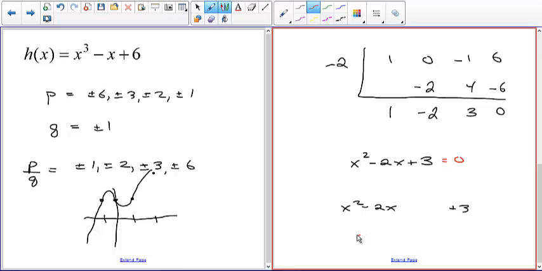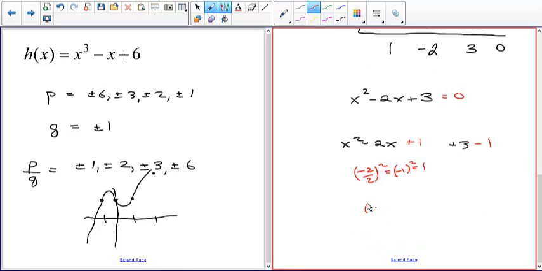We take the coefficient in front of x, divide by 2, square it, which is negative 1 squared, which is 1. So we add 1 here and subtract 1 there.